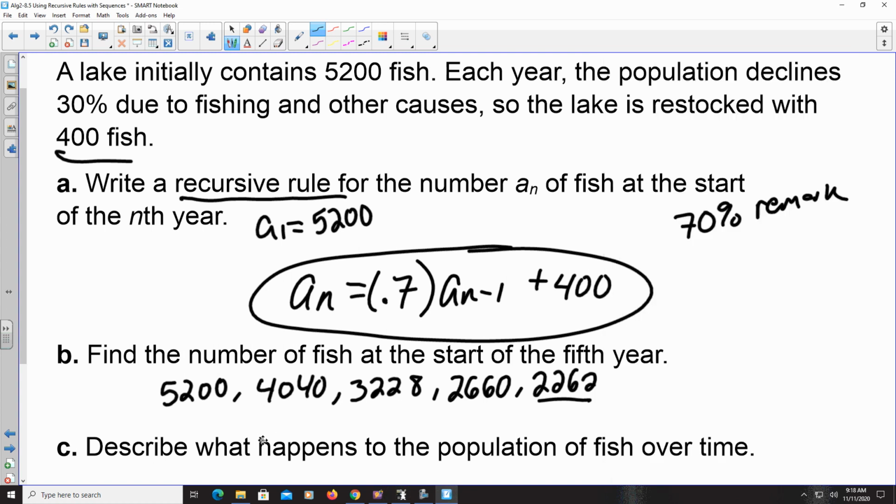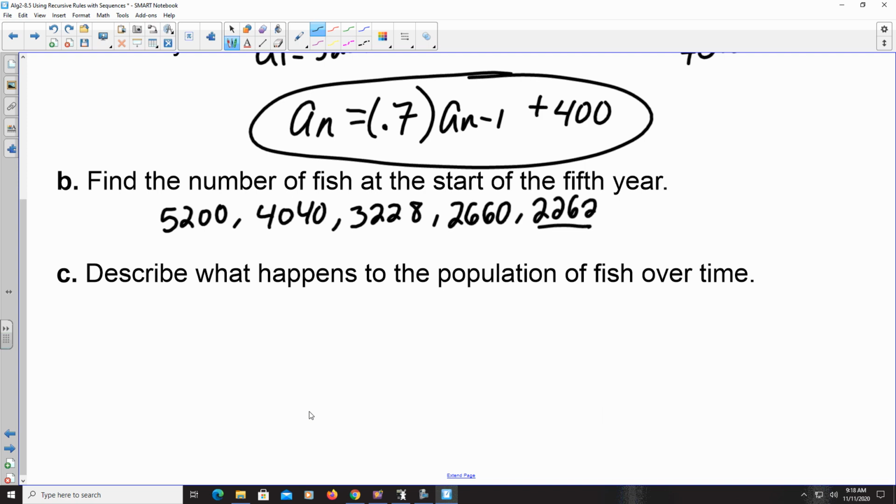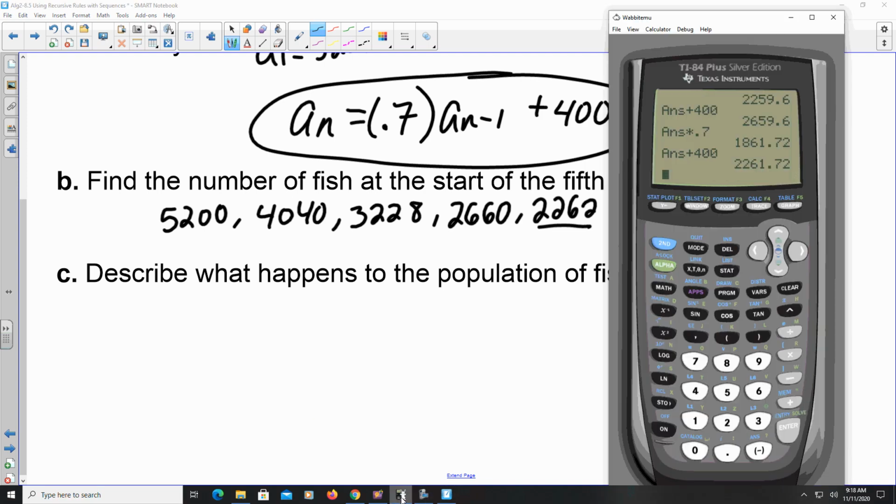The last question here says, describe what happens to the population over time. So what we have here is 2261.27. That's after 5 years. So what I want to do is see over time if this stabilizes. If I, again, multiply by 0.7, add 400, I get what looks like 1983.